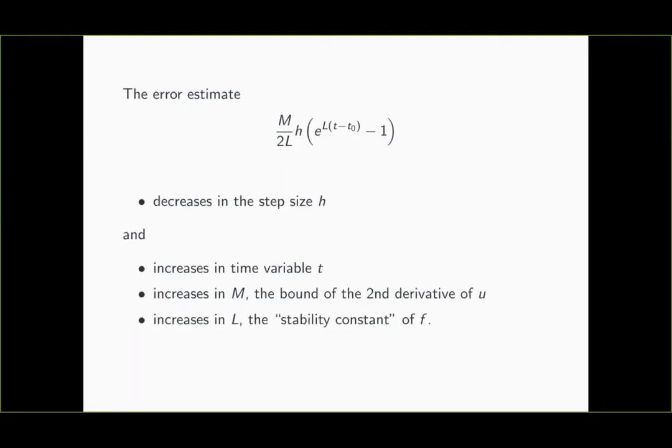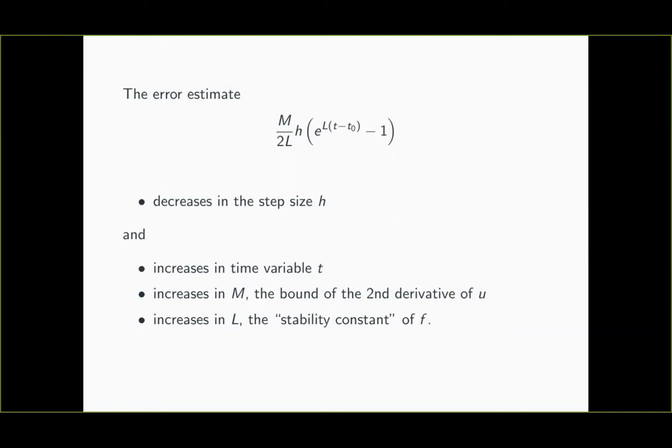Okay, so we have got this error estimate, m over 2L times h times (the exponential of L times (t minus t_0) minus 1). And that looks like a complicated formula. So I would like to spend a few minutes explaining the significance of each of those terms, in order to get a feel for what this error estimate actually means. This error estimate depends on a number of variables like m, L, h, and t.